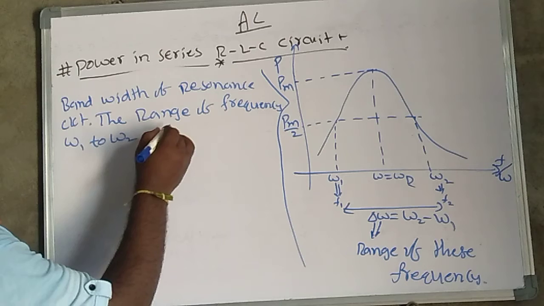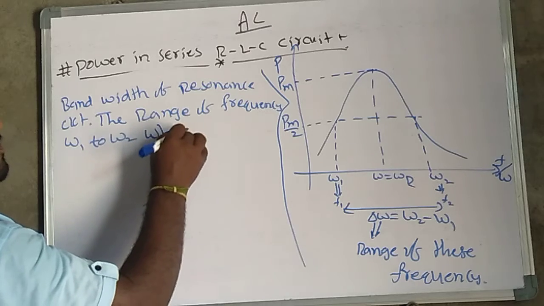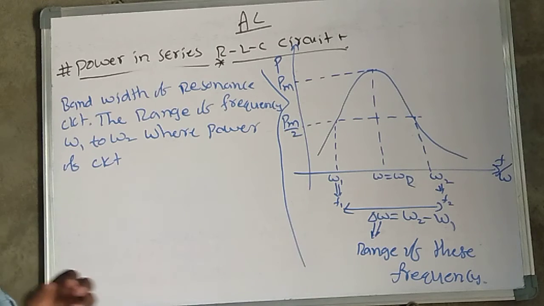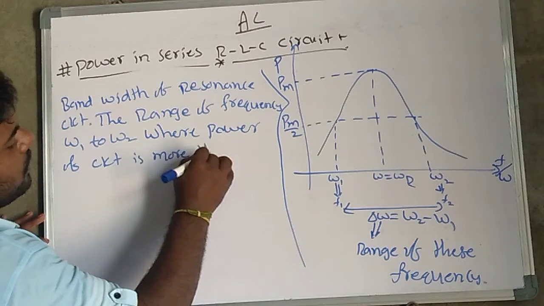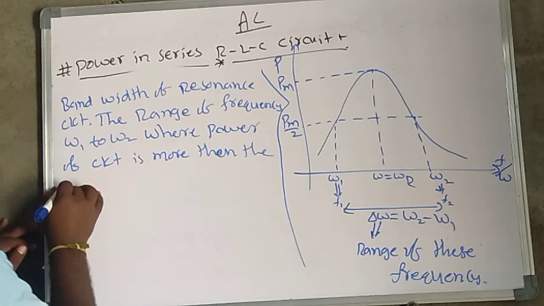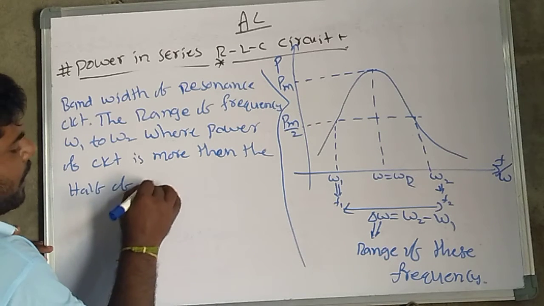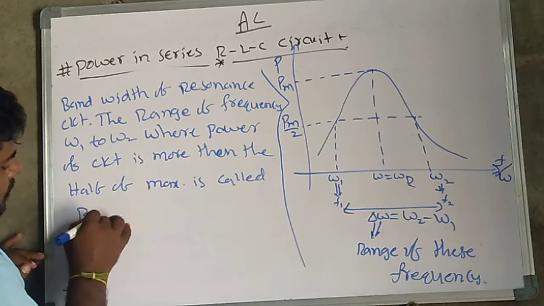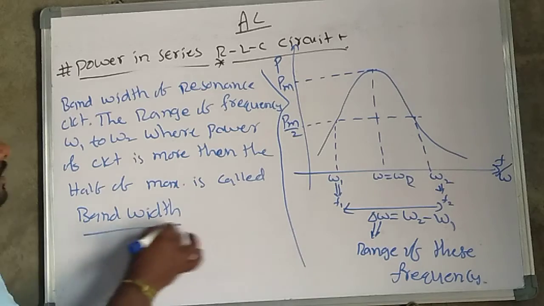the half of maximum power. This is called the bandwidth.